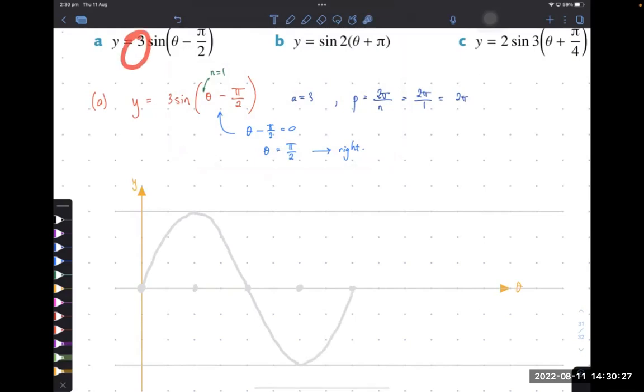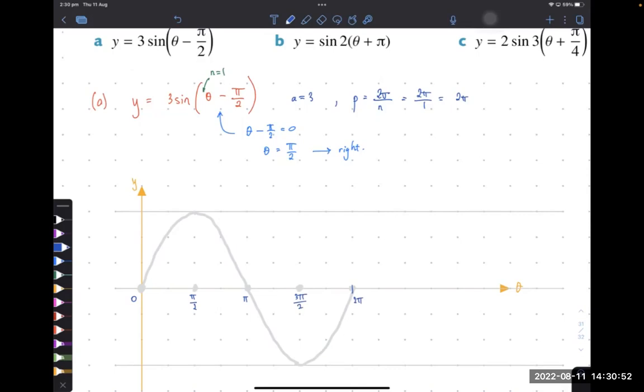It's not flipped. No negative. Our amplitude is 3, so we're happy about that. So usually this would be from 0 to 2 pi here. What's this one here? 3 pi on 2, yeah?